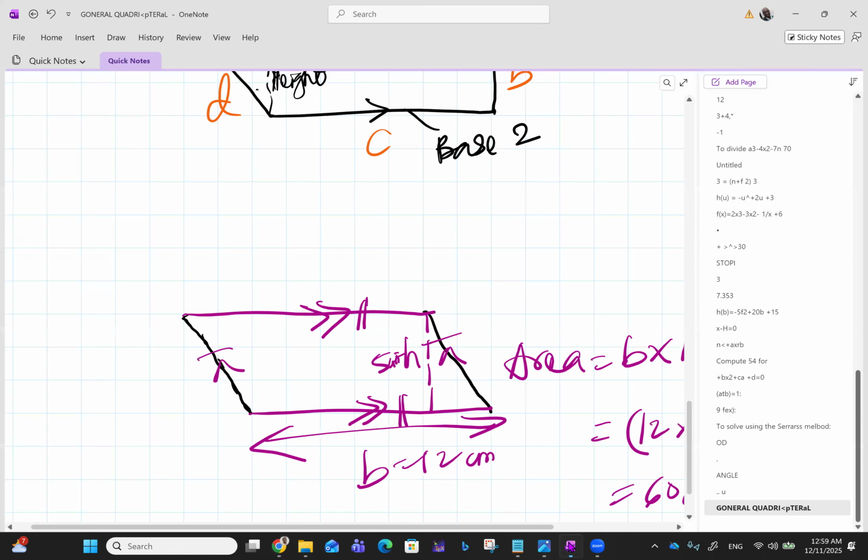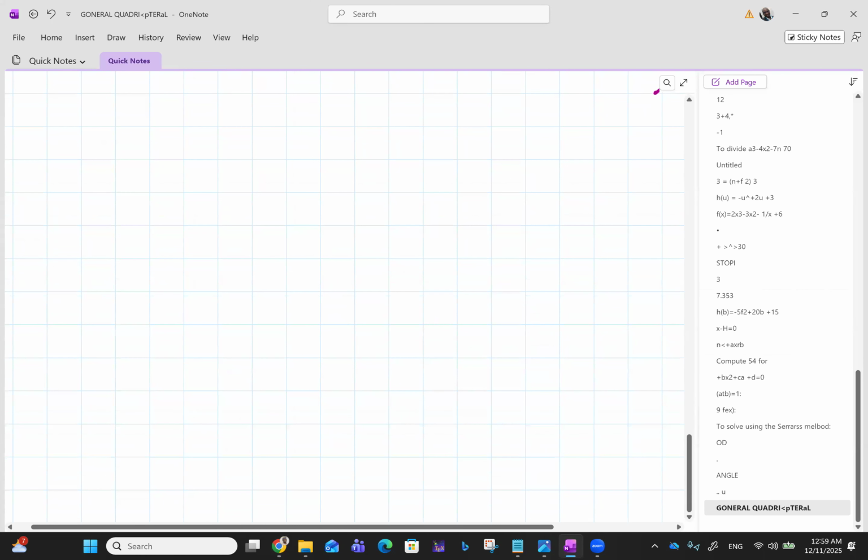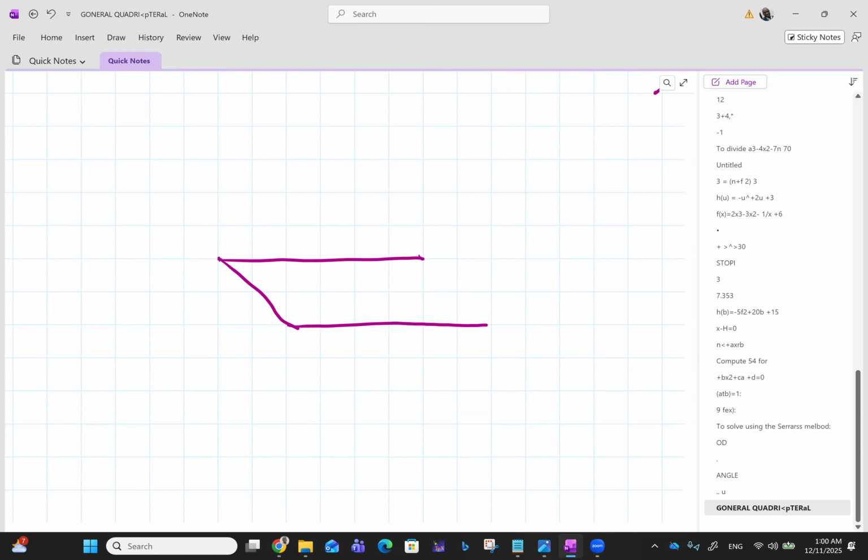What we're trying to say here is that you have this parallelogram. So this is S now. Of course, this is parallel to this. This is parallel to this. This is the same as this. This is equal to this also. All right, so this is S right here.